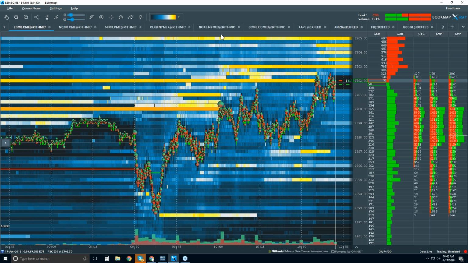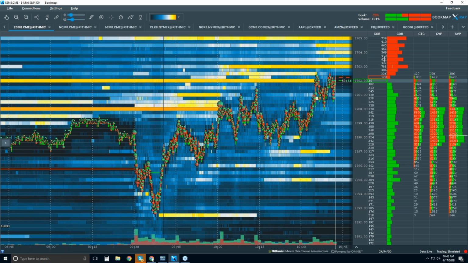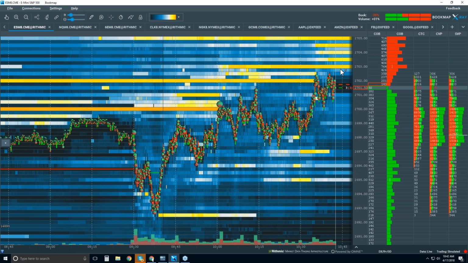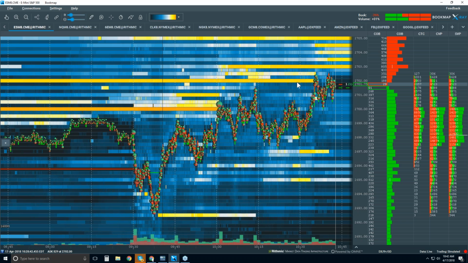Now, it's this orange, yellow, blue, white heat map that you can see. All it is, is taking the data from the dome, and in this window here with the live market, taking the high liquidity and painting it into a heat map. Then we just take that data and project it on the chart historically. That's it. What it allows us to do is very easily start to understand the auction.